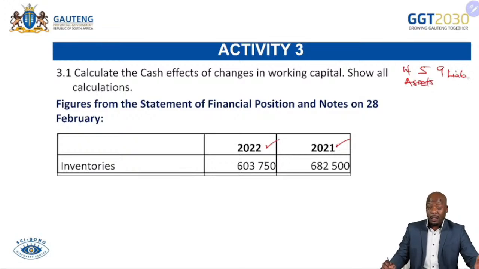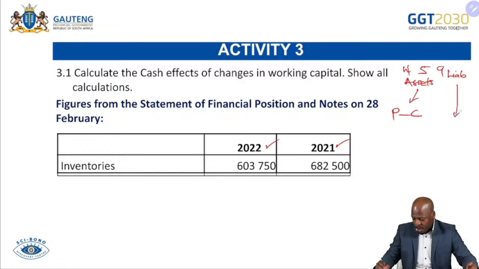So the calculator method says, for your assets, simply say previous minus current, then take whatever the calculator gives you. But for your liabilities, you say current minus previous, then you take whatever your calculator gives you.